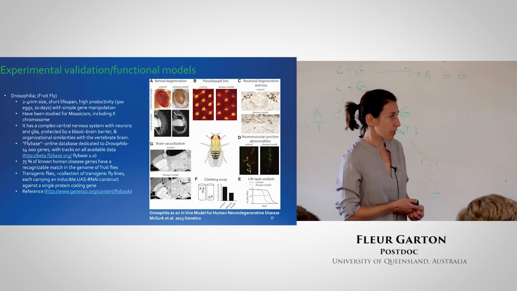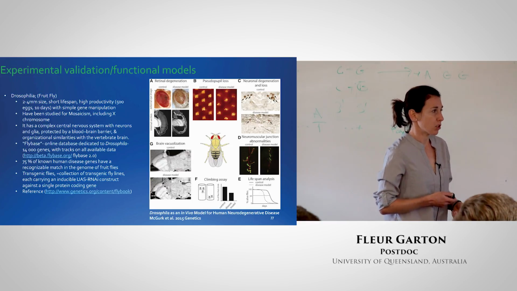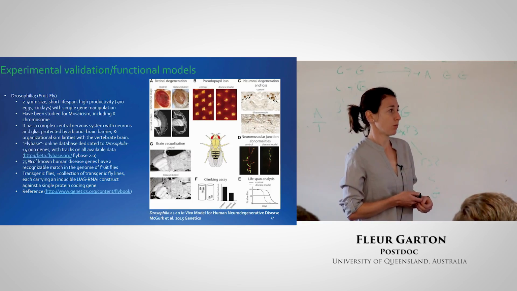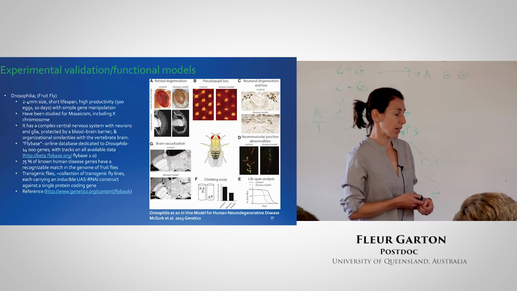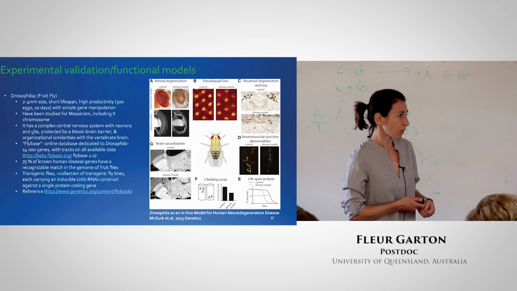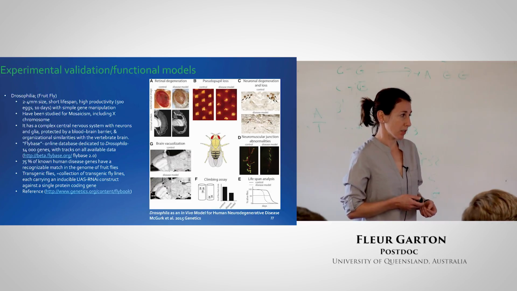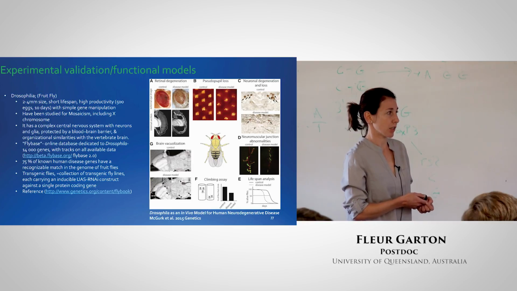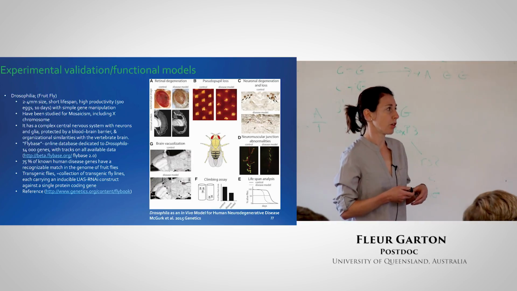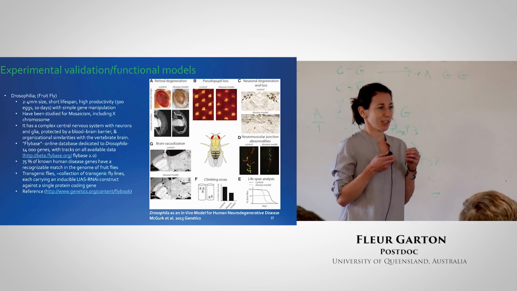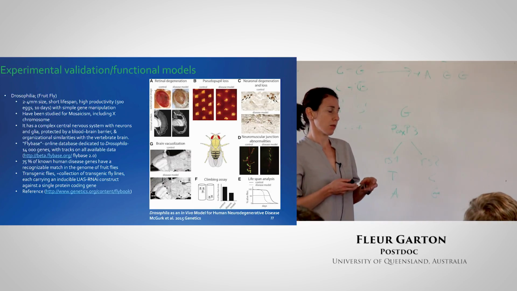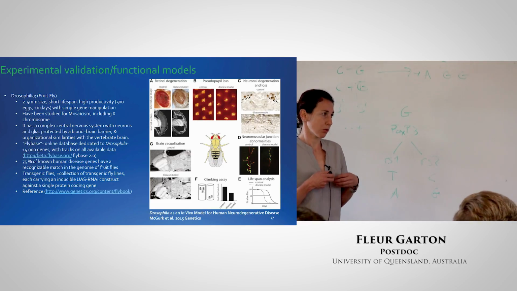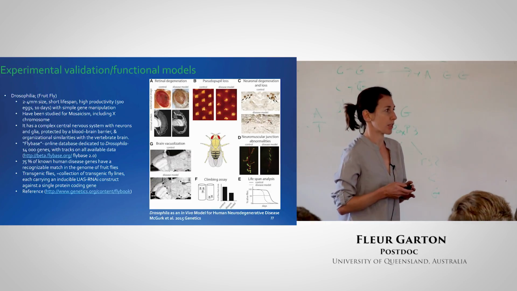So this is the control versus the disease. They can look at neuromuscular junctions. I think the neuromuscular junctions do differ, but of course you can still look at the change in its structure. You can do a lifespan analysis between control and disease, and also there are different functional assays, and here they've done a climbing assay to look at function. So although it is just a fly, I think there are still some important assays that you can look at with much greater depth than you could do in a human, for example.